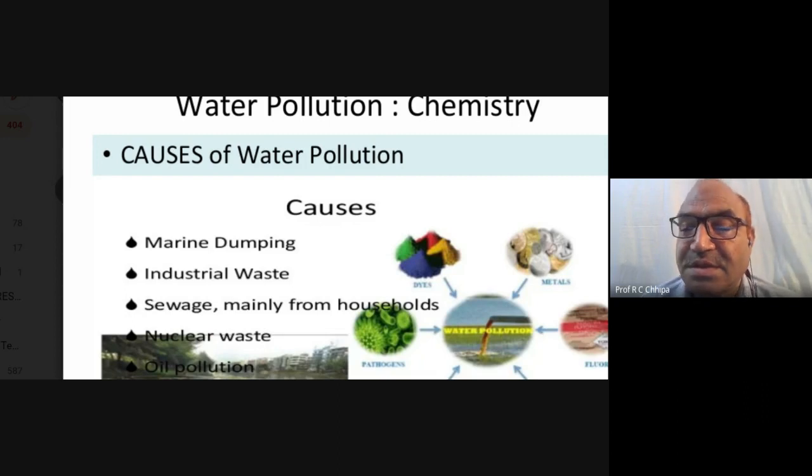Then industrial waste. During industrial activities, a large number of chemicals are used, but after using the water, that water is thrown into natural resources. So that is industrial wastewater.